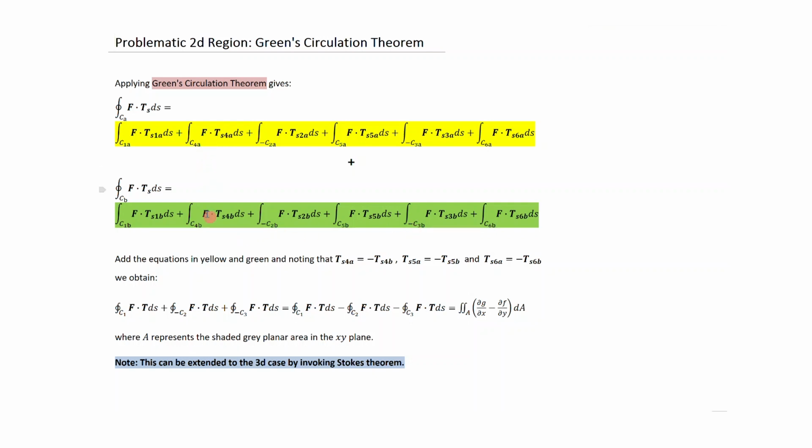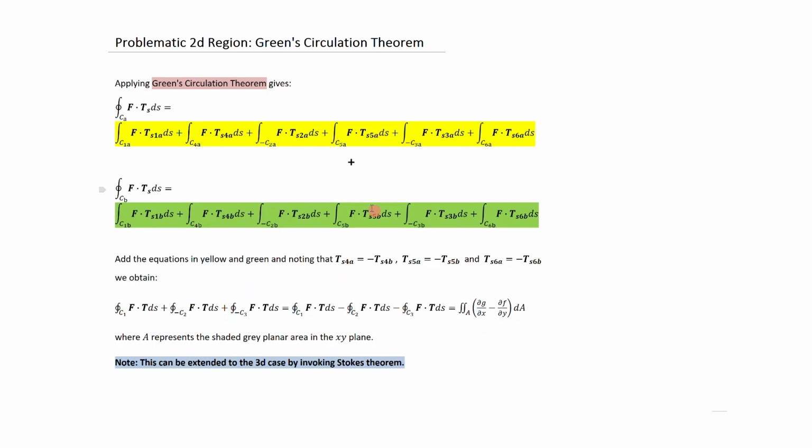Next step is to add these 2 equations. By adding the equations, that means the yellow and green, we make use of the fact that C4A and C4B are line segments that lie one on top of each other. However, one is in the opposite direction of the other, and so you'll get cancellation of these terms. That also applies for C5A and C5B, and C6A and C6B.